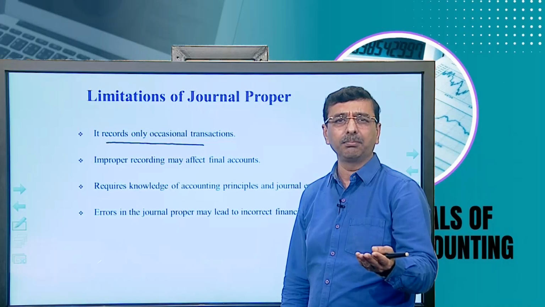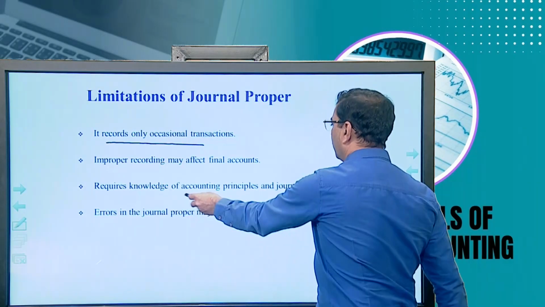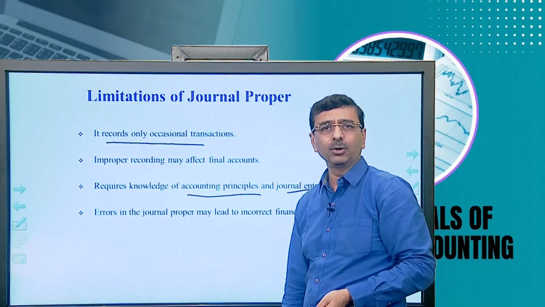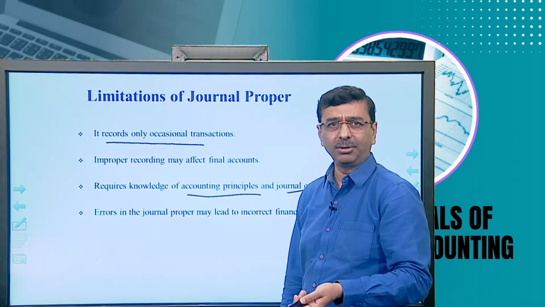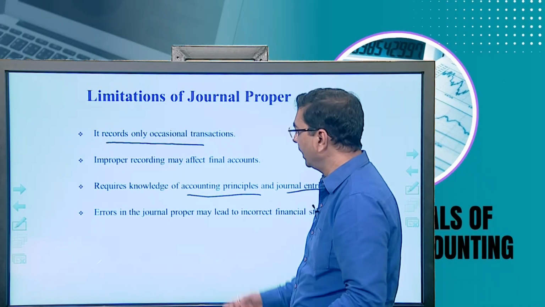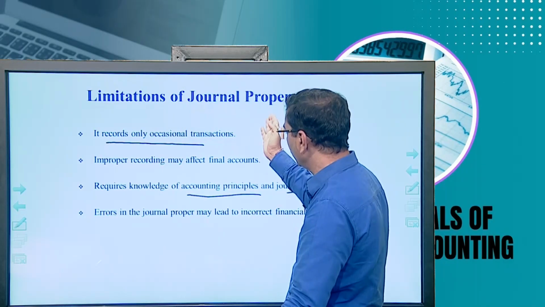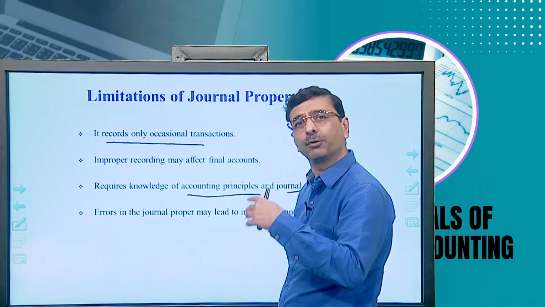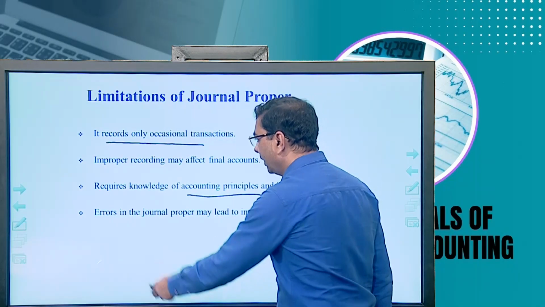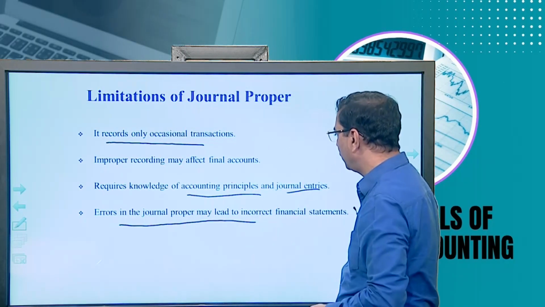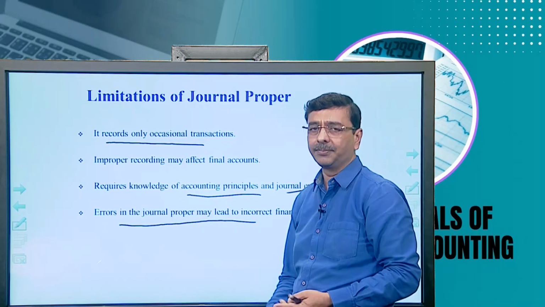If you are preparing a simple journal book also, you should know the accounting principles and journal entries, rules and regulations. That is the minimum requirement. It is a limitation for both ways, not only the general proper, but for the general and subsidiary books also. Errors in the general proper may lead to incorrect financial statements, correct?